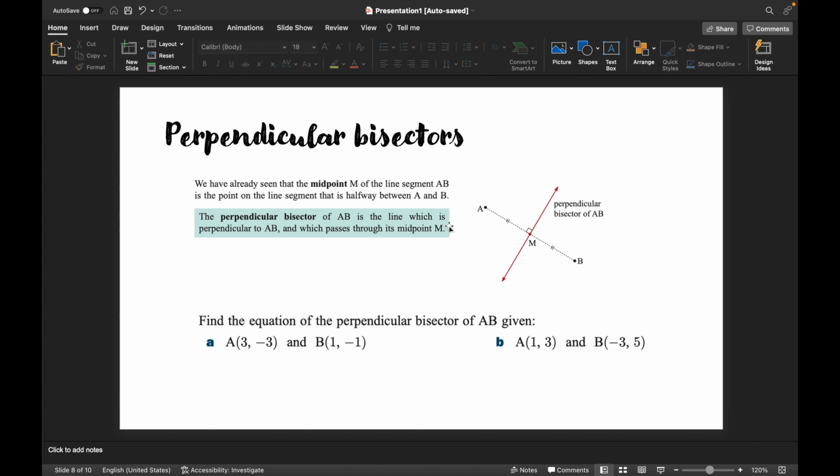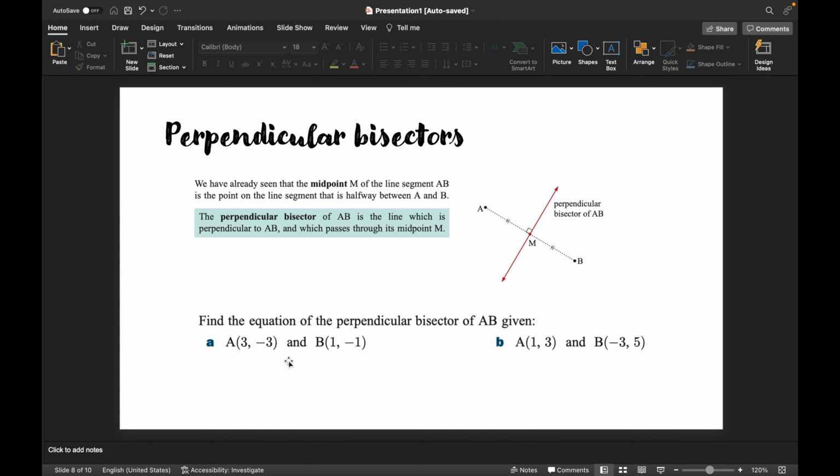Then we find the gradient of AB, and the gradient of the perpendicular is its negative reciprocal. So now we have the gradient and one coordinate, and then we can just use the normal formula, which is y minus y1 equals m into x minus x1. When we do that, we will find the equation of the perpendicular bisector of AB.